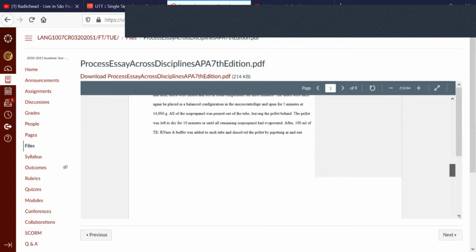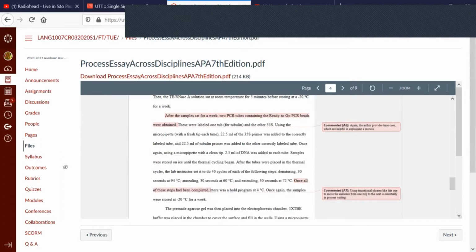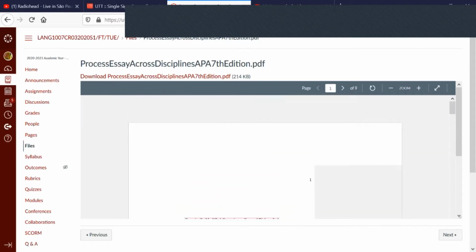process analysis essay. So again, the process analysis essay is taking a process or a procedure, something that might be a little complex, and you break it down first into the steps, the main steps that you need to do, and then you break down each step into the different stages.